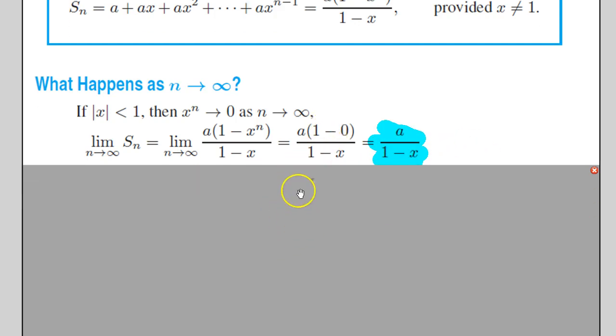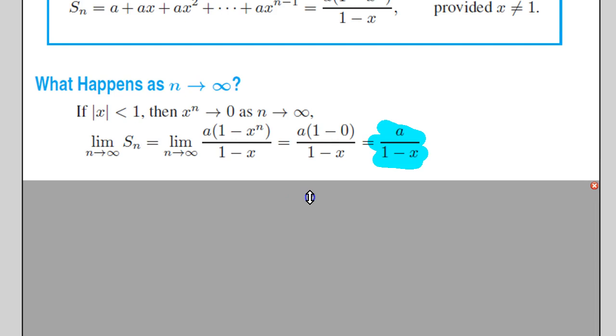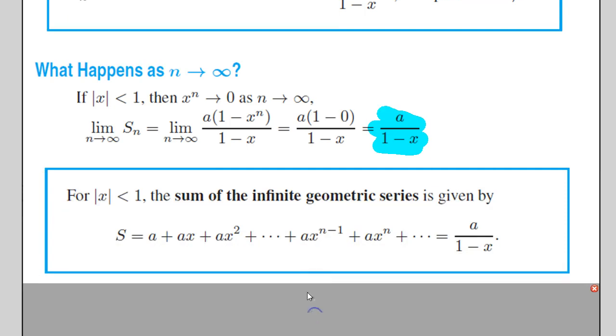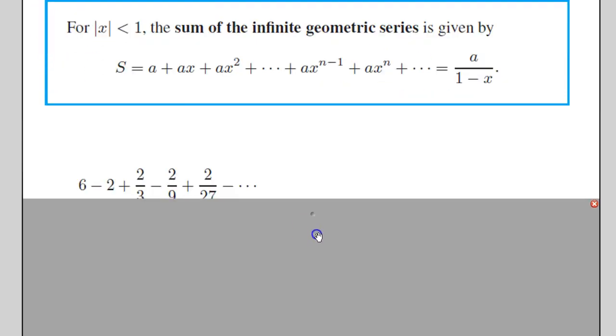If the absolute value of x is greater than 1, then that means the series values go to infinity, and that does not converge, i.e. it diverges. And if x is equal to -1, then it oscillates between a positive and a negative value, or these two values. All right, and we're almost finished.